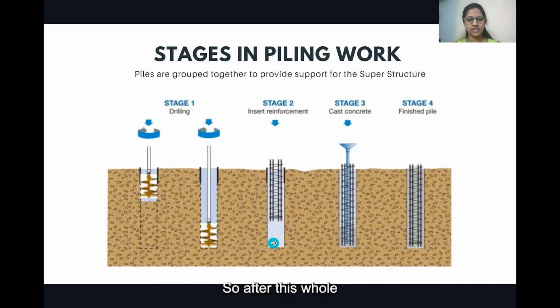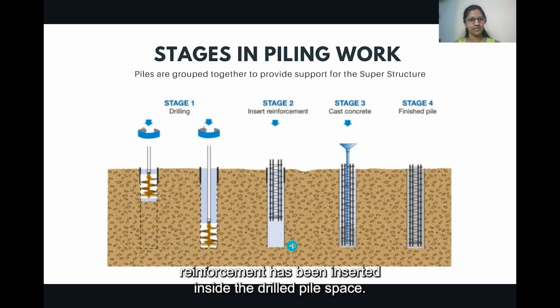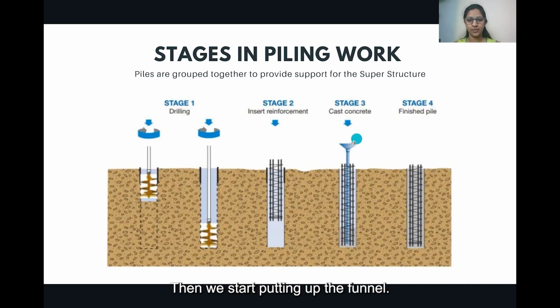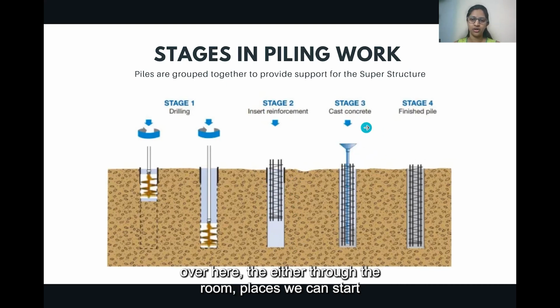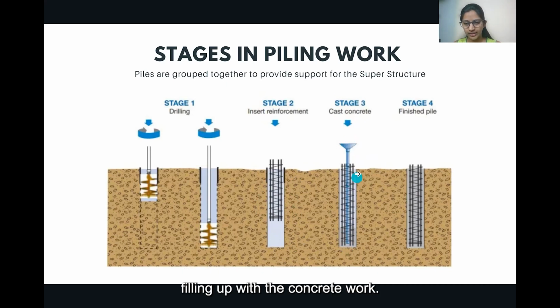After this whole reinforcement has been inserted inside the drilled pile space, we start putting up the funnel. So in the third stage, the funnel will be inserted, and through the tremie placers we can start filling up with the concreting work.